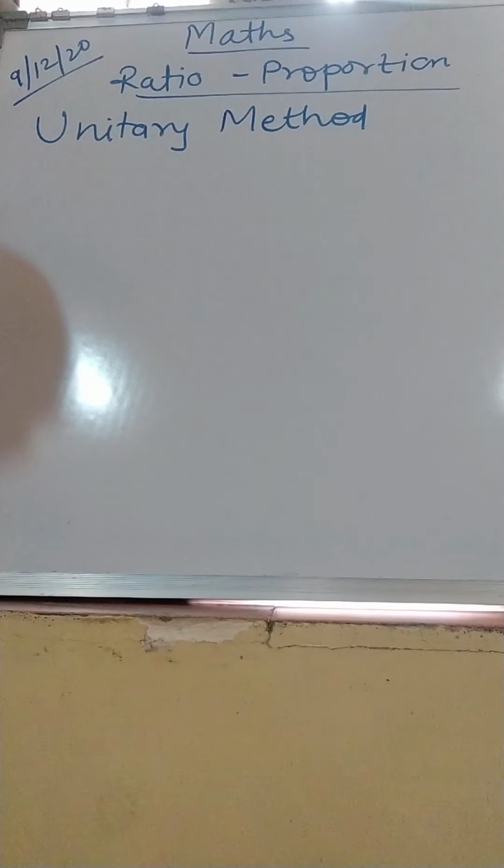Understand? Now some problems based on the unitary method are given in practice set 29. First we will take some solved examples which are on page number 60. Open your textbook and see what I am saying. A bunch of 15 bananas costs 45 rupees.